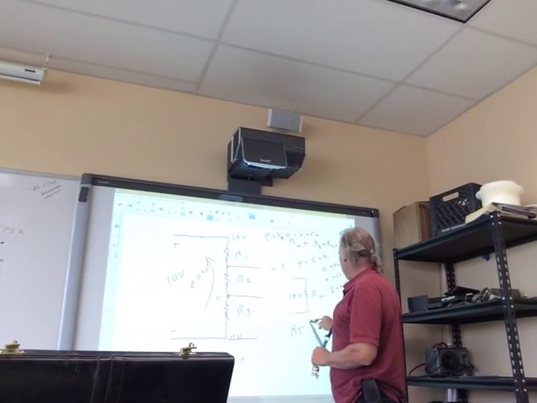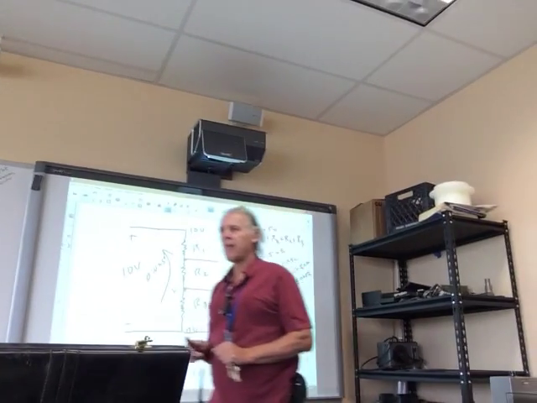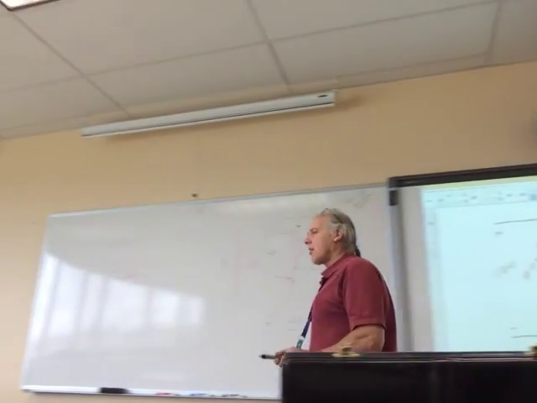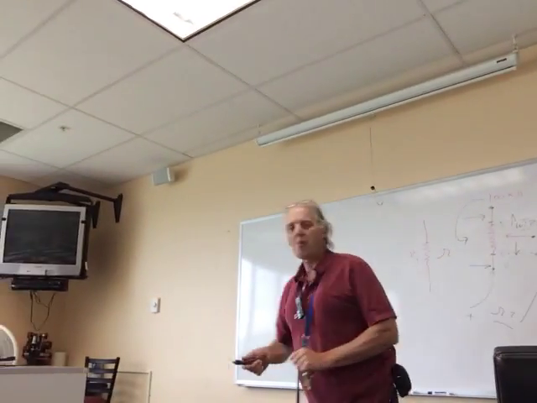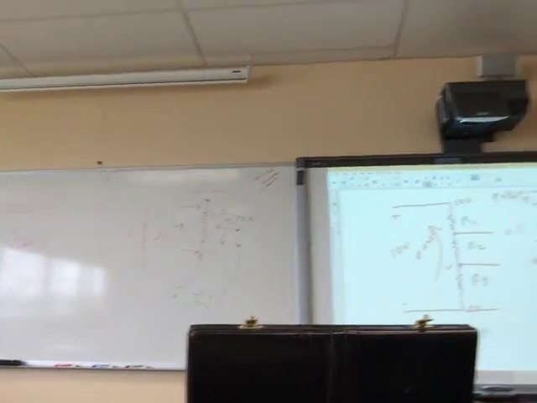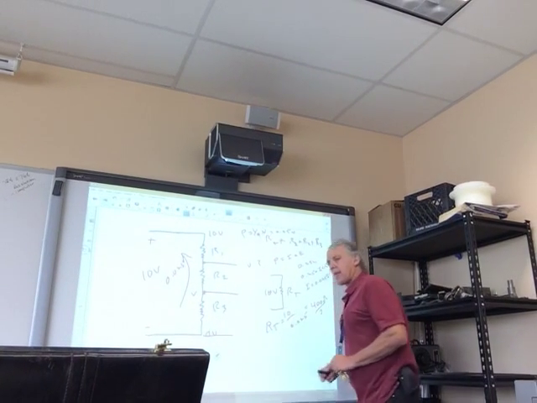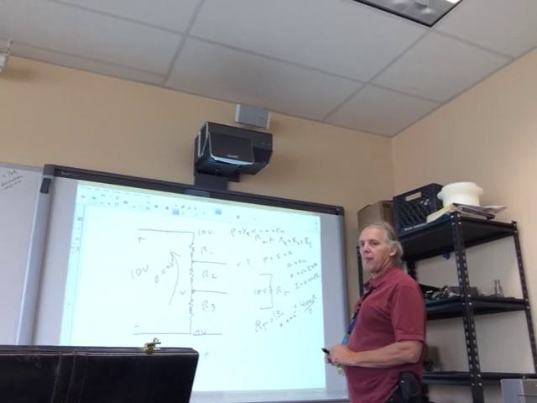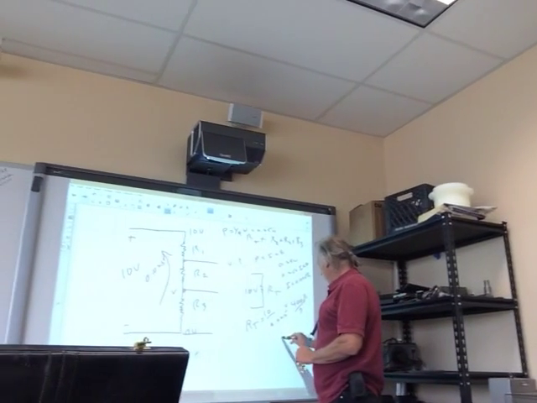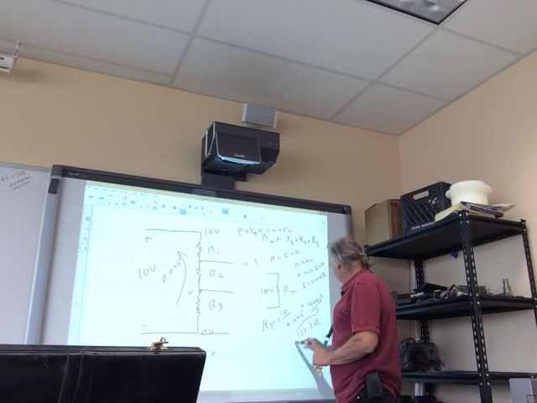E over I is 10 over 0.025. Can we get it this way? What's that come out to? 400 ohms. Okay, and divide that by 3: 133.3 ohms.